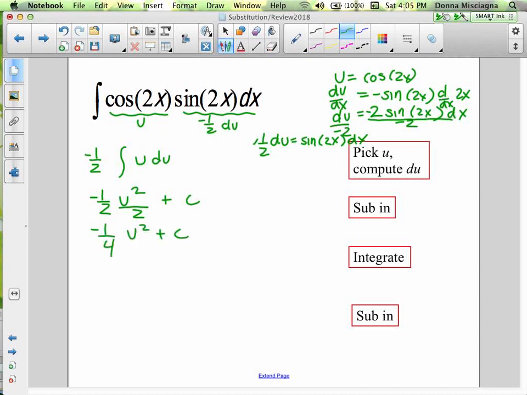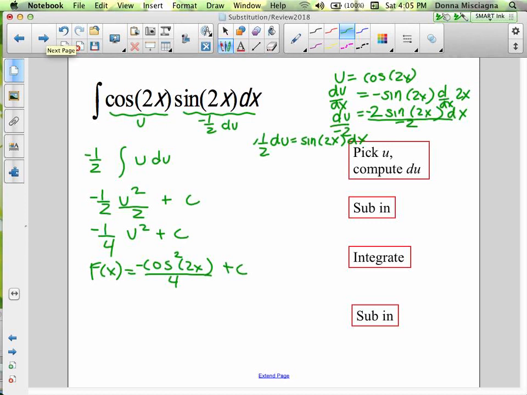So negative 1/4 u squared plus c. That means f of x equals, u was cosine 2x, negative cosine 2x, oh, and it was squared, divided by 4 plus c. So f of x equals negative cosine squared 2x divided by 4 plus c.